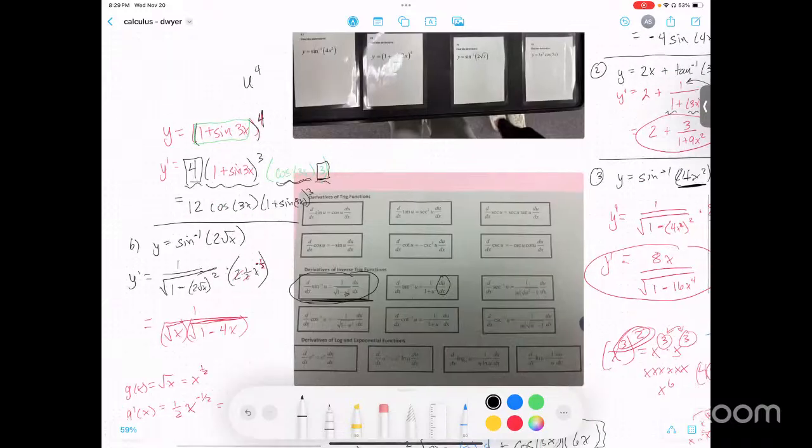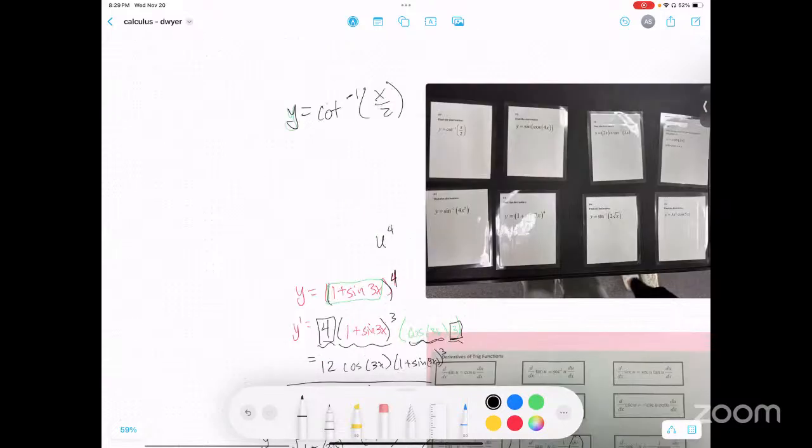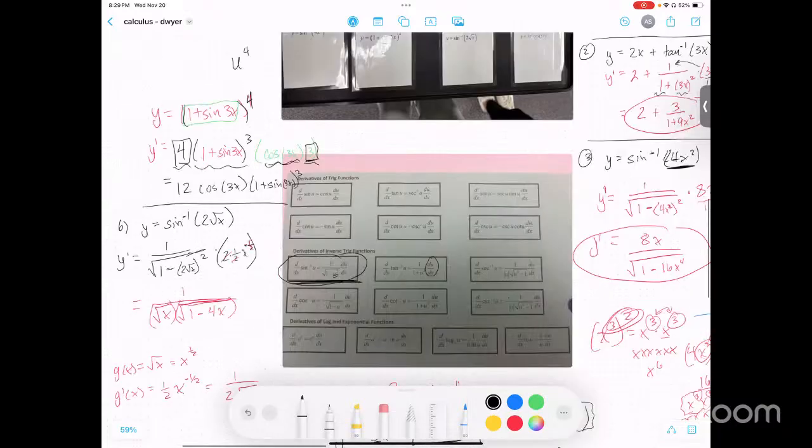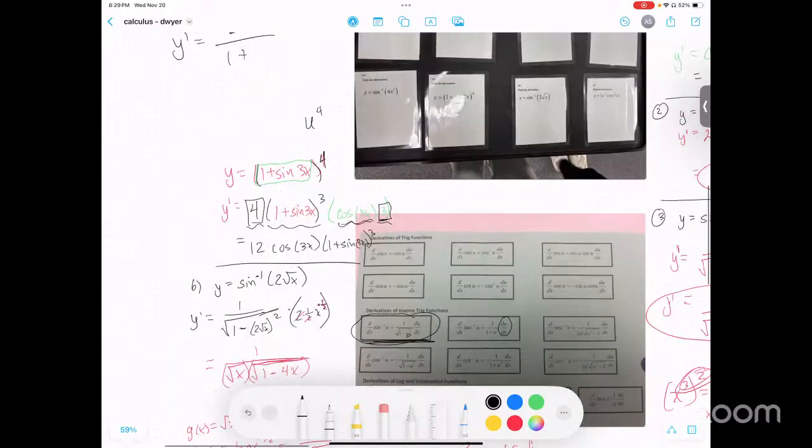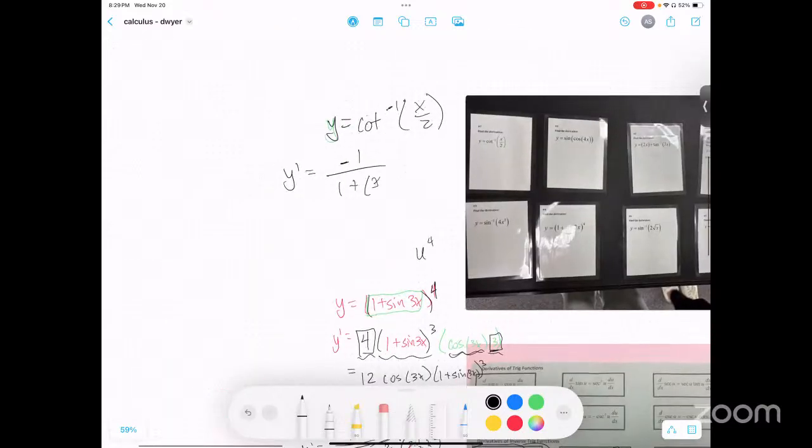The derivative of cotan inverse of u is negative 1 over 1 plus u squared. So the derivative is negative 1 over 1 plus u, which is x over 2, squared, times the derivative.